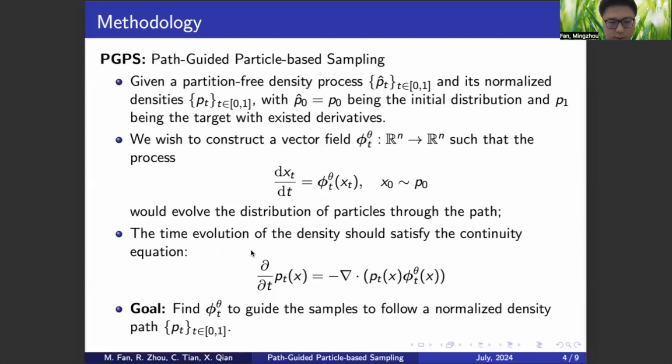But the challenge is that we cannot directly utilize this equation because it involves a normalized p t. And in this work, we proposed a loss function to estimate the solution of phi t. And the goal is essentially finding the phi t to guide the samples to follow the normalized density path p t.